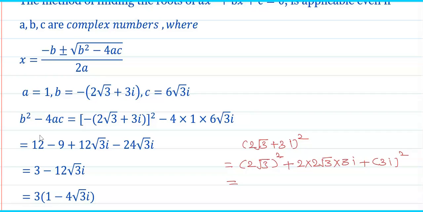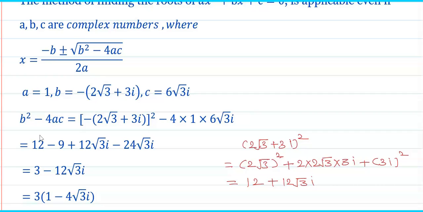Root 3 चा किती आला तर 3 आला. 4 into 3 then you will get 12 here. Okay. Next multiplication. 2 into 2 that is 4. Next 4 into 3, 12. 12 root 3i. Here is a 12 root 3i. Okay. Next 3i bracket square.